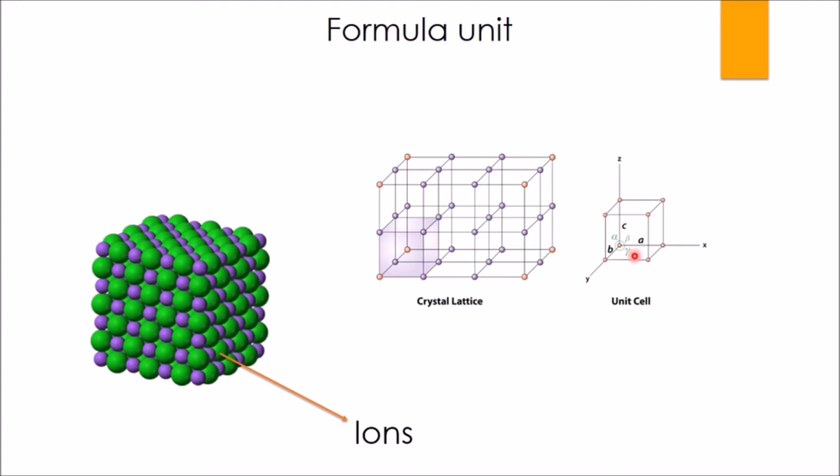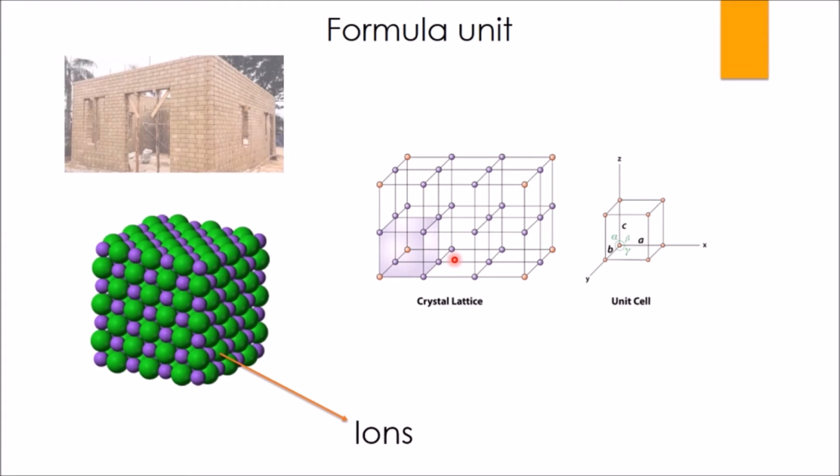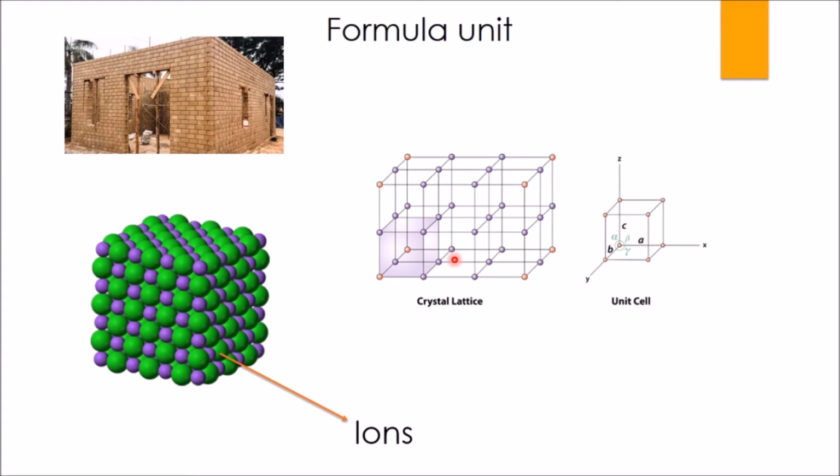We can compare this crystal lattice to a home made of bricks. All the bricks are clustered just like the ions in the crystal lattice, and the small brick is actually the unit. So the smallest unit of your ionic compound or your crystal lattice is called unit cell, and that unit cell is called the formula unit.